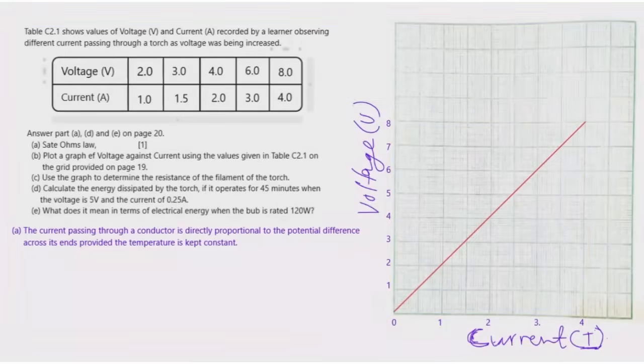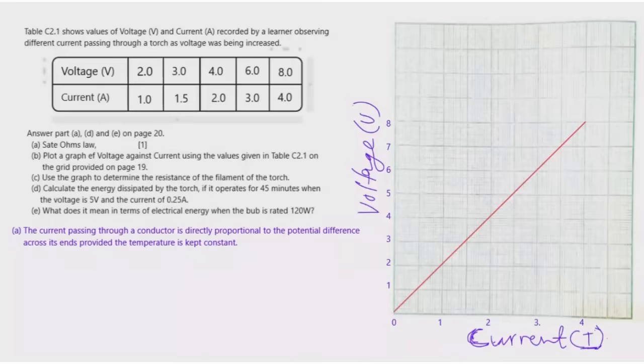So we have answered question B, which is: plot a graph of voltage against current using the values given in table C2.1 on the grid provided on page 19. Now we come to question C, which is: use the graph to determine the resistance of the filament of the torch.